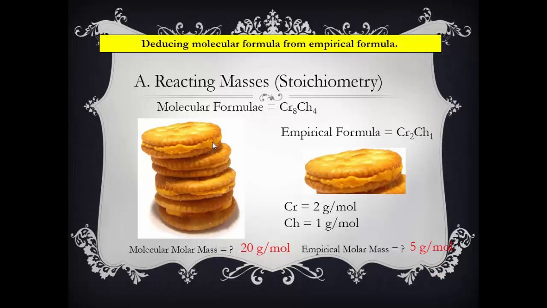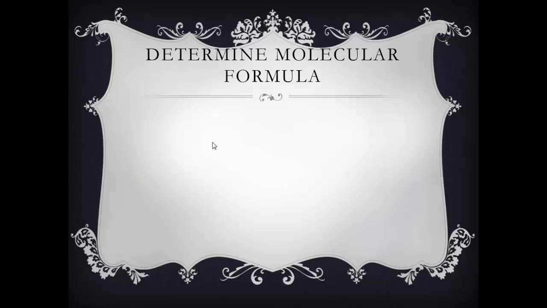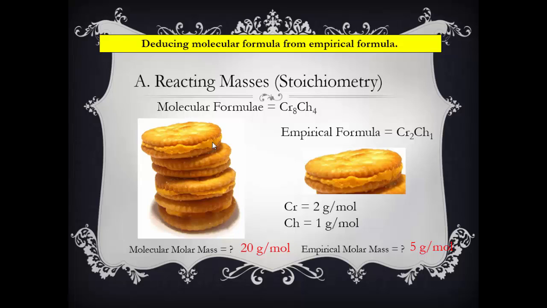Sorry, there's 2 crackers, 2 and 2, and then 1 cheese. Let me go back. That means the molecular molar mass is 4 times the empirical, so that means you multiply the empirical 4 times as much. That's why you get C8 and CH4.